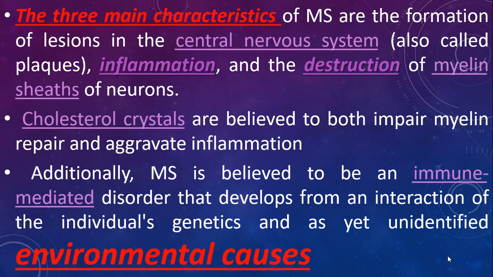The three main characteristics of MS are: 1. The formation of lesions in the central nervous system, also called plaques. 2. Inflammation. And 3. The destruction of the myelin sheaths of the neurons. Cholesterol crystals are believed to both impair myelin repair and aggravate inflammation.